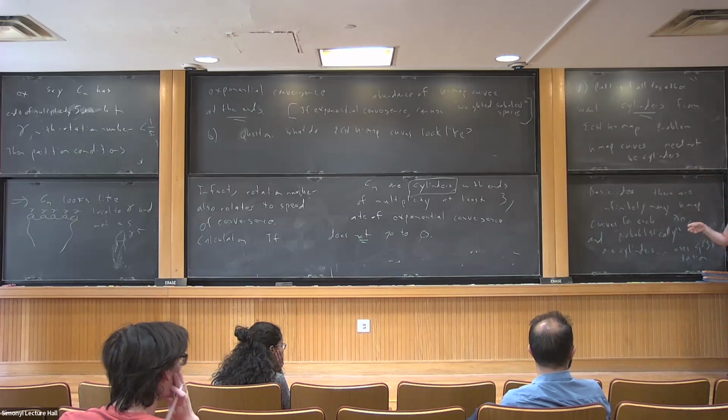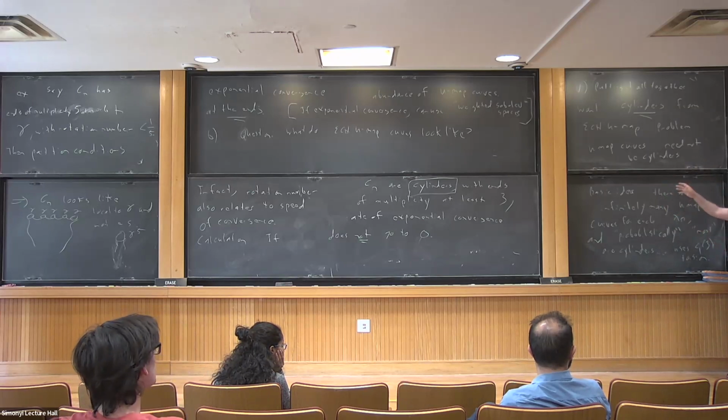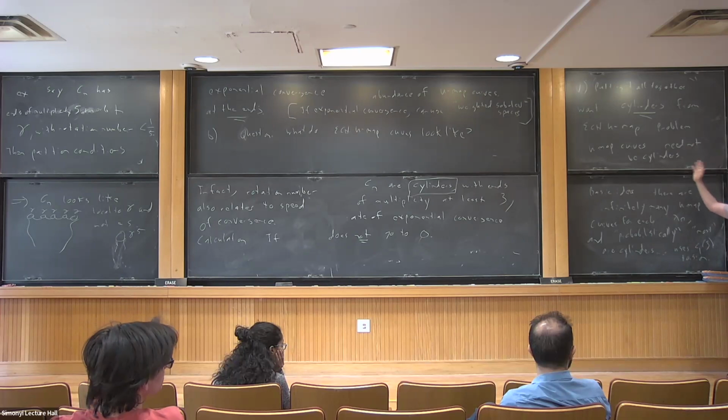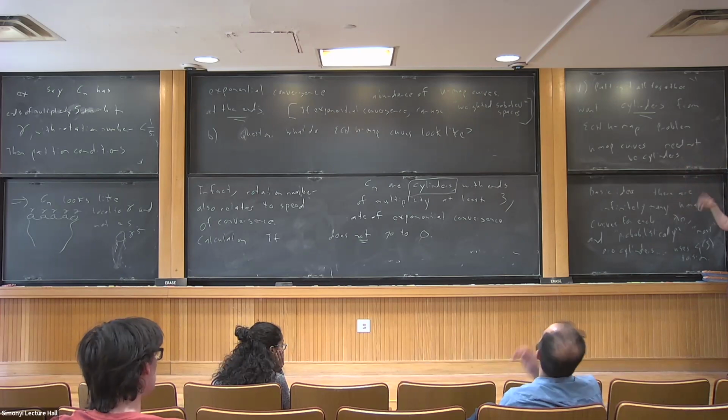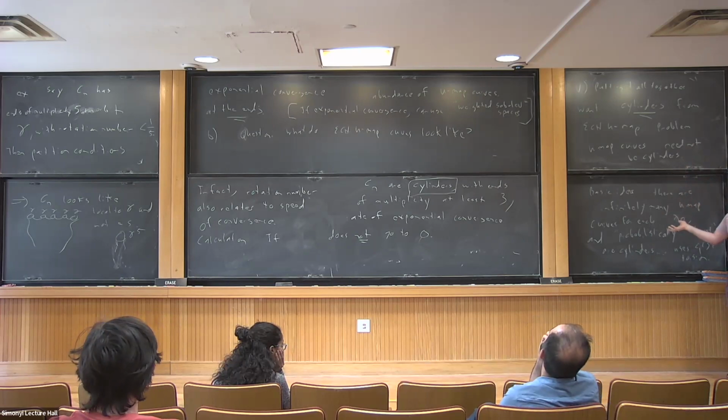So we consider a larger and larger sequence of curves and try to understand the probability that a curve in that will be a cylinder. And we show that the probability is actually 1.